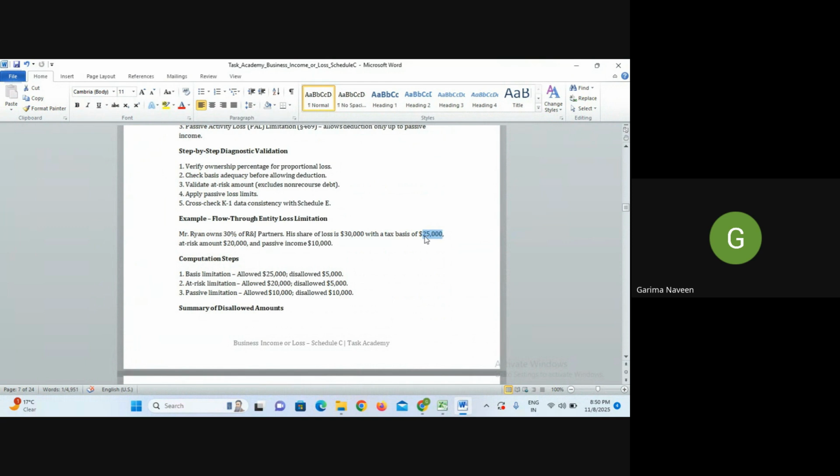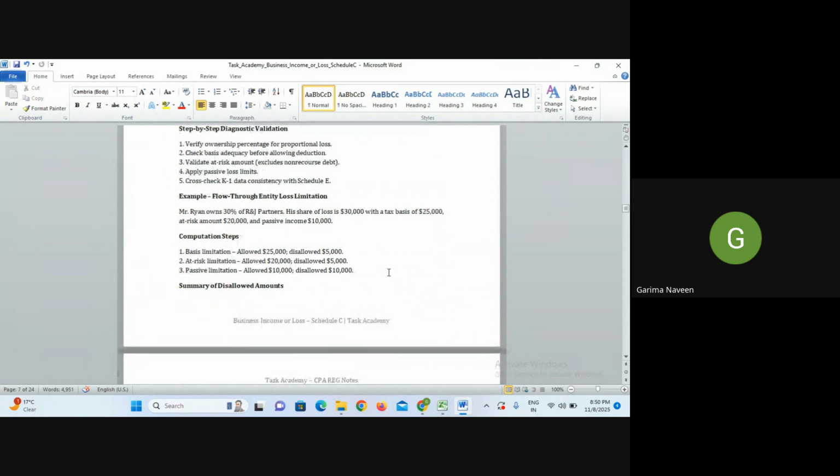So according to tax basis, you can deduct $25,000 of loss and the excess you need to carry forward. Next filtration is at risk basis. It states you can deduct up to the amount of at risk basis, meaning up to $20,000, and the excess can be carried forward.